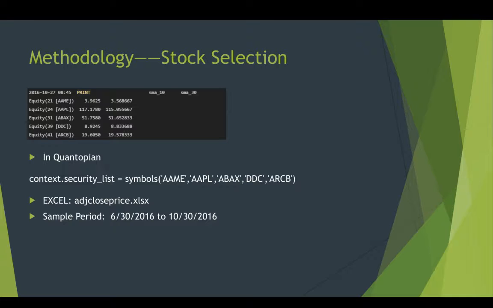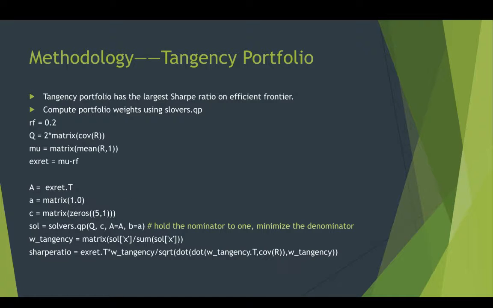After we got the close price for these five stocks, we try to build a tendency portfolio based on these stocks. The reason we do this is because the tendency portfolio seems to have the largest Sharpe ratio on the efficient frontier. This is basically the same as what we did in the homework.